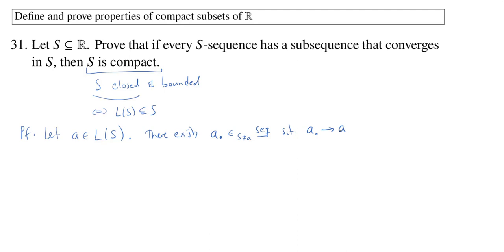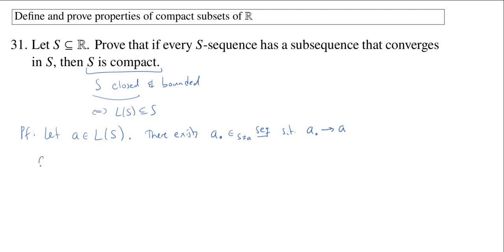It's an S-not-equal-to-a sequence, but that's actually an S sequence. So by assumption, a dot has a subsequence that converges to something in S. That's great, because a dot itself converges, and subsequence convergence is inherited from the original sequence.